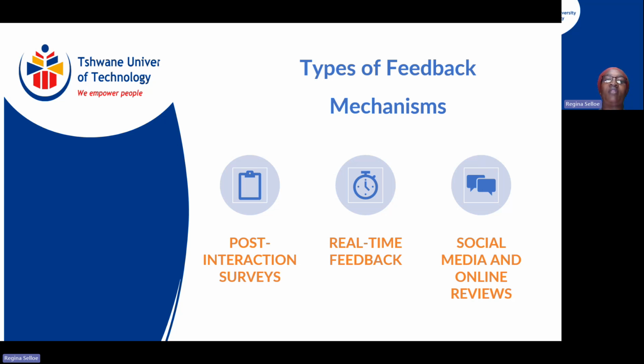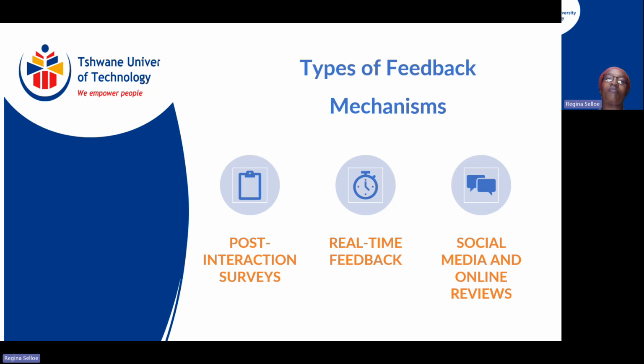And then we have real-time feedback mechanisms that we can also use within a contact center. Real-time feedback is collected during or immediately after the interaction through live chat, voice surveys, or interactive voice response, and also assists to capture immediate customer sentiment.